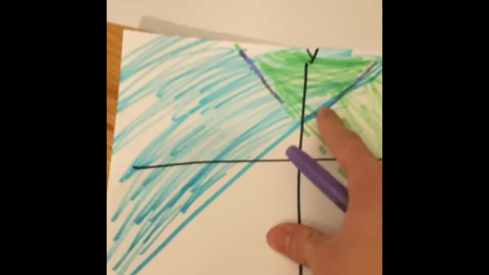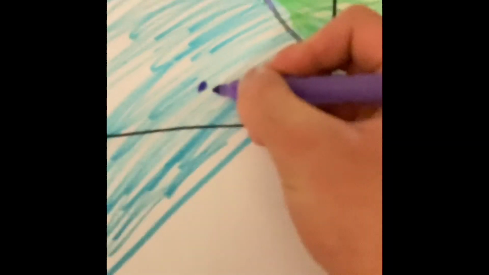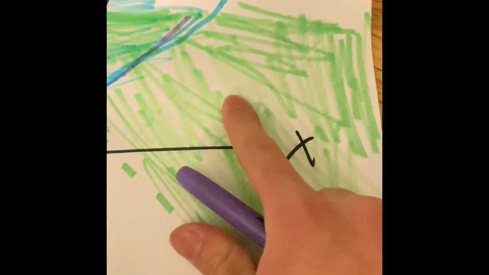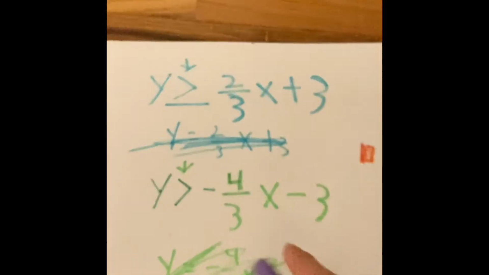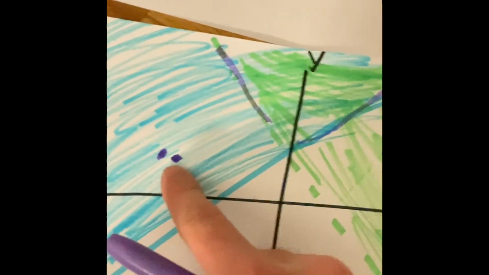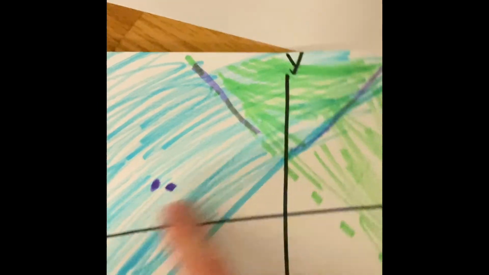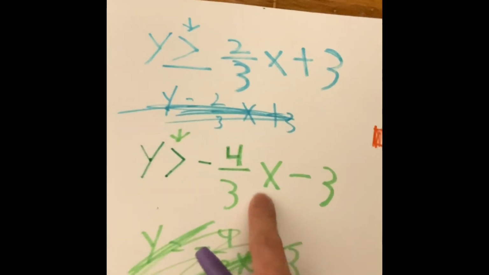If you were to find a point in the blue area only, it would make the blue equation true, but it would not make the green equation true because it's not in that area. Even if you do it mathematically, putting in x and y for that purple dot will make the blue equation true but the green equation false.